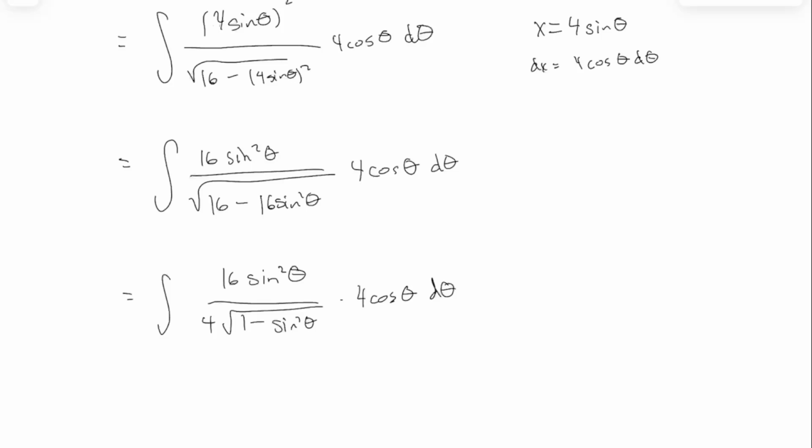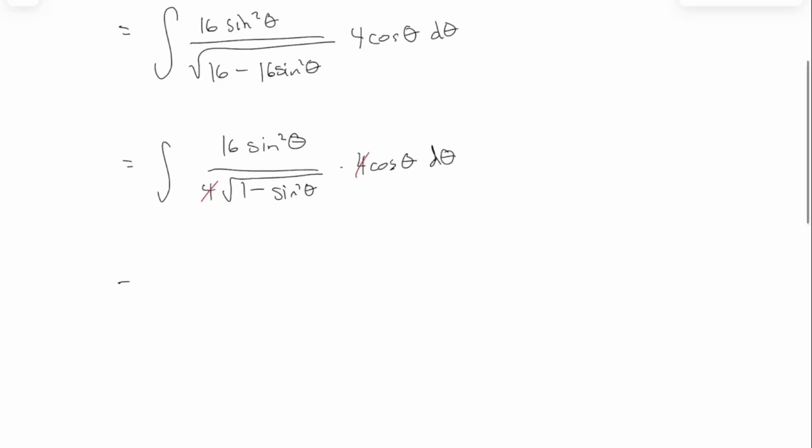Now what have you got? We cancel all the 4s. Cancel the 4s, sure. Anything else? You can make 1 minus sine squared theta cosine squared.